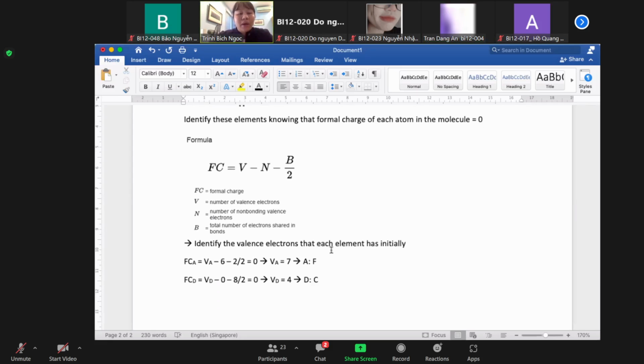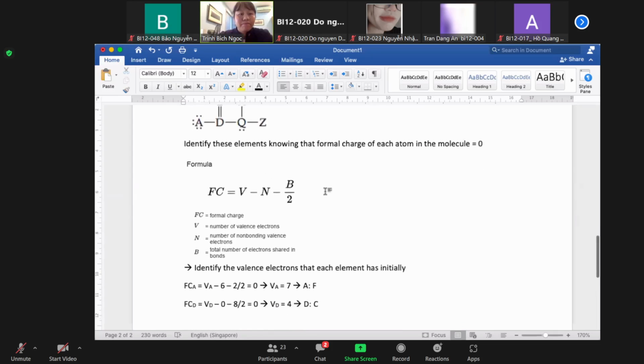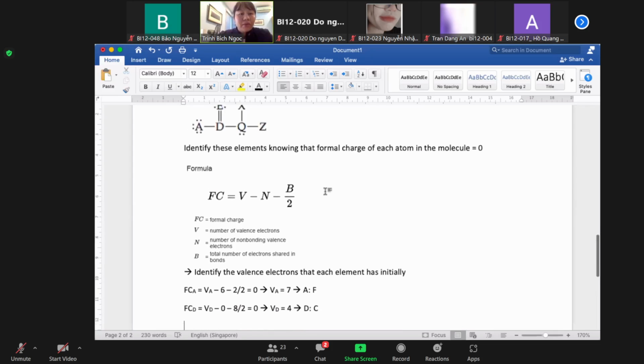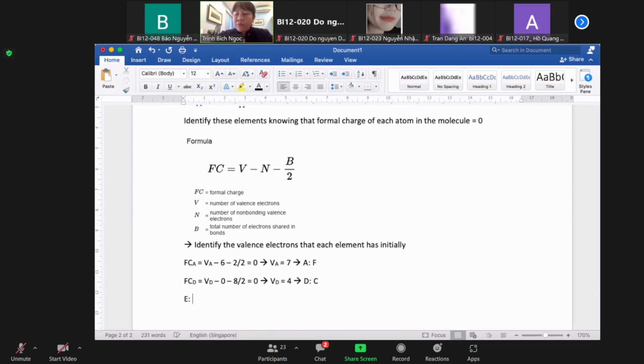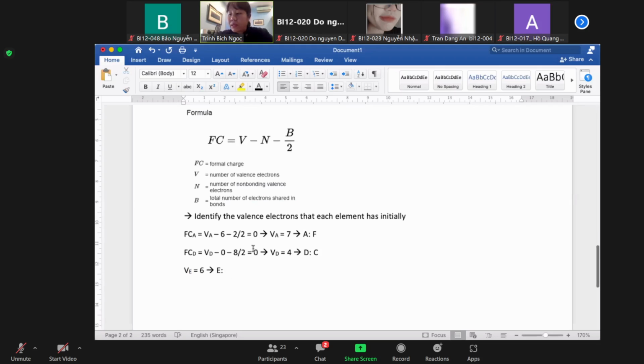Okay, so I will give you the solution. For E, you will be able to calculate V_E equal to 6, so E will be oxygen.